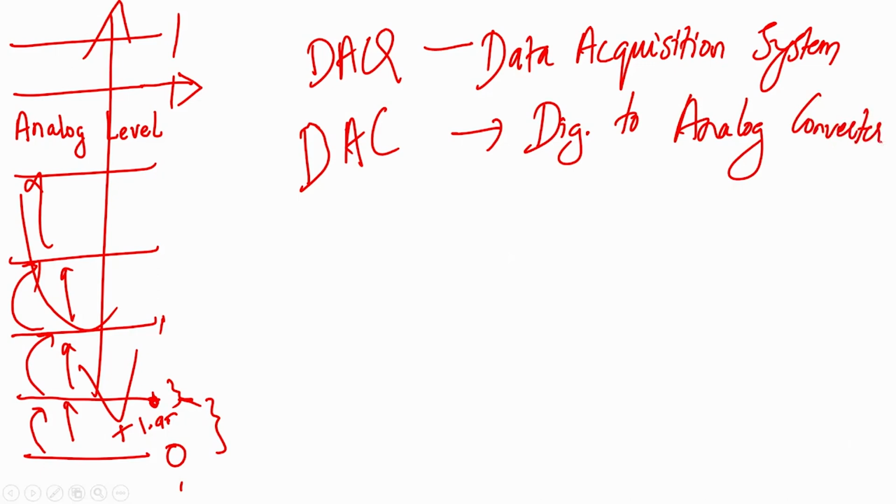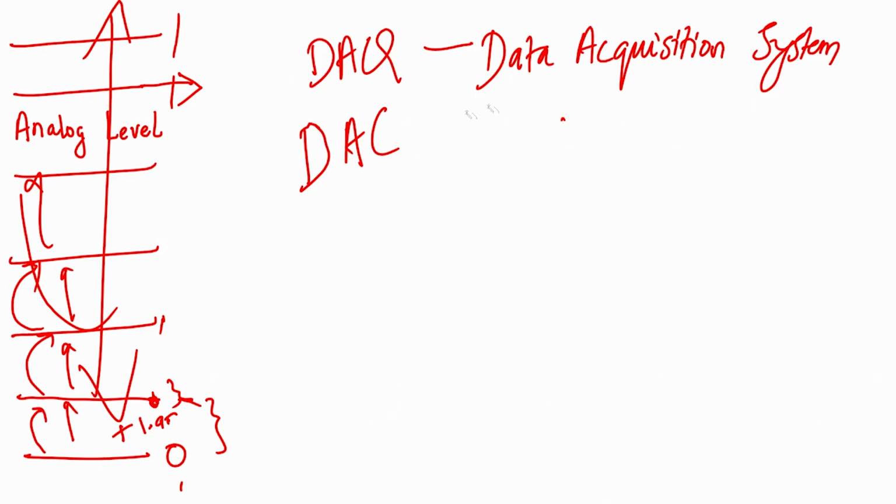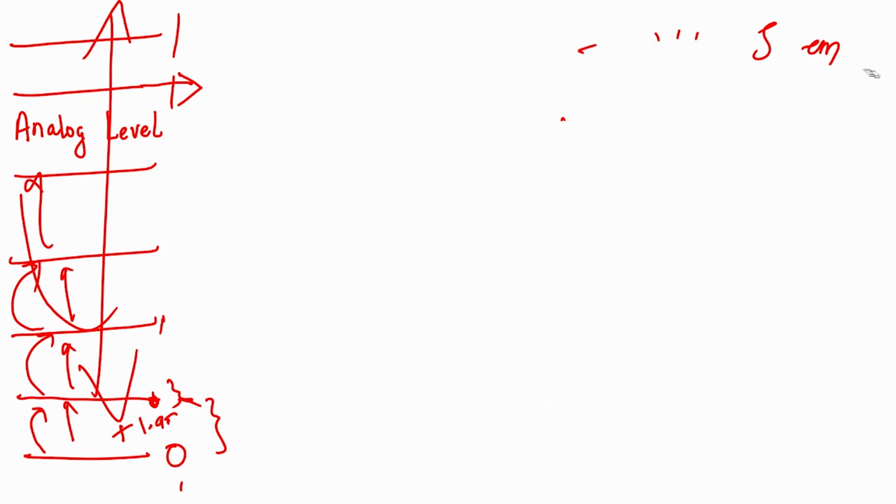We have seen the concept of how the digital word converts to the analog value, correct? A lot of circuits that do digital to analog conversion will be covered in the theory part, and there are also discrete ICs, integrated circuits, that do this conversion, correct?